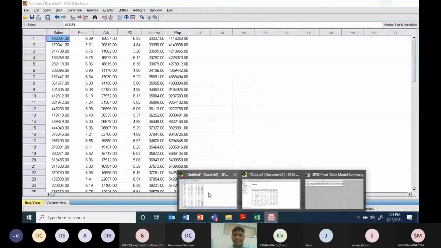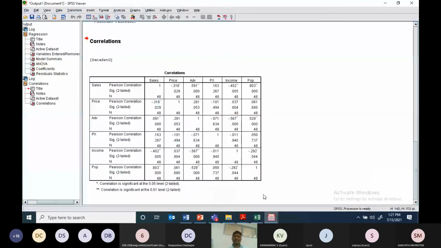Any questions on the simple regression model? Come on. Sir, when we do multiple linear regression in detail, will we cover this issue of multicollinearity and how to solve it?